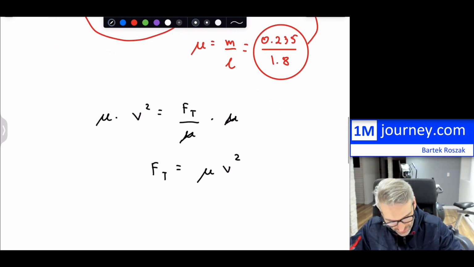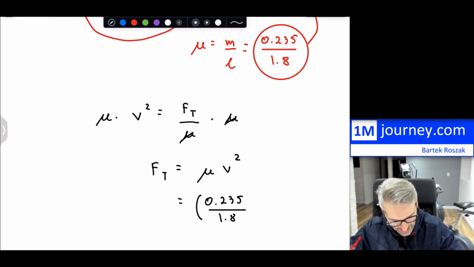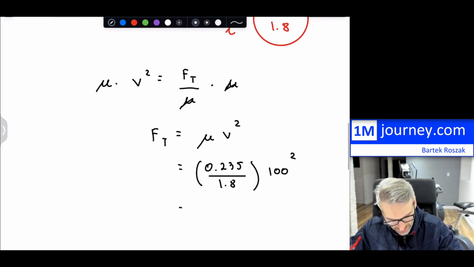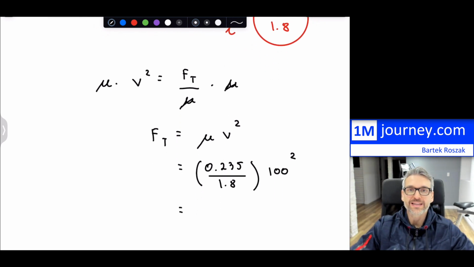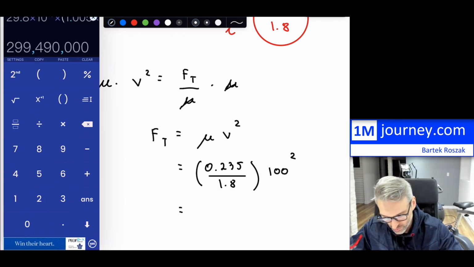I know everything within here. My mu is 0.235 divided by 1.8, and my desired V is 100, which is going to be squared. I can find out what exact tension I would need in that string for this to work out.